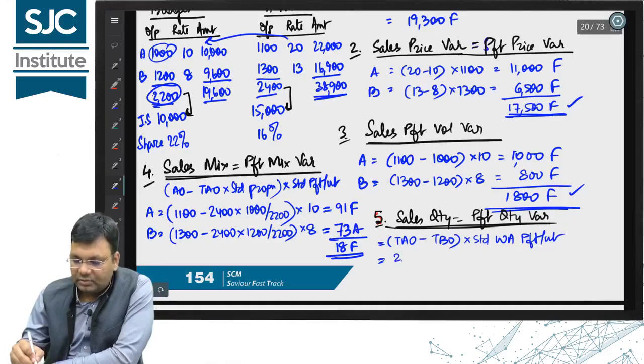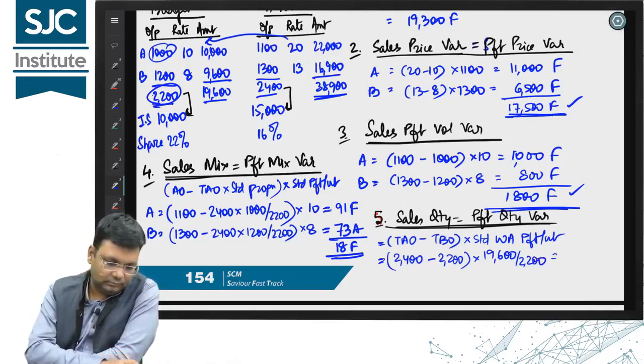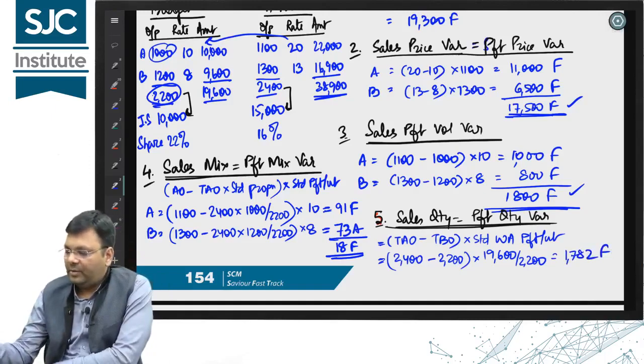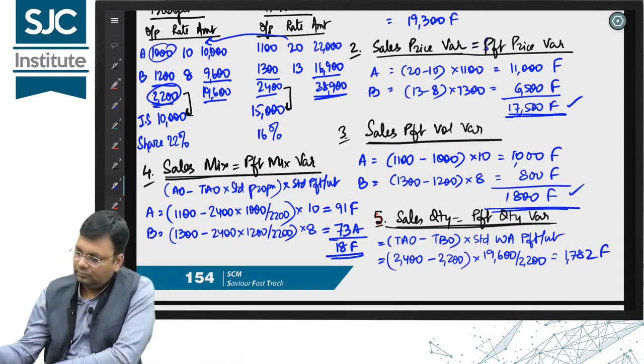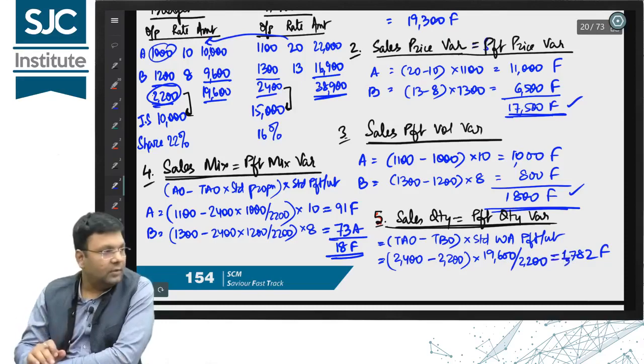Total actual output is 2400, total budgeted output is 2200 into 19600 by 2200. $1782 favorable.